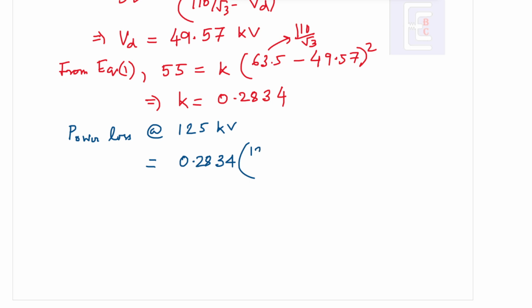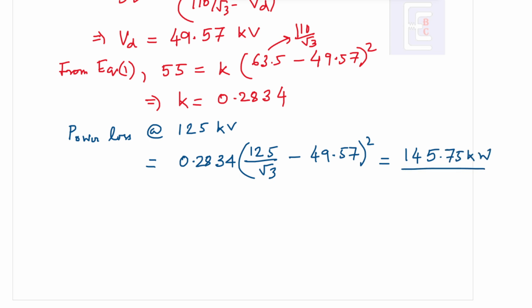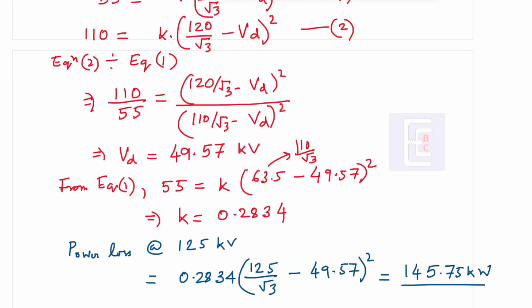So we have 125 by root 3 minus 49.57 whole square. If you solve this, you will get 145.75 kilowatt. So this is the solution for you.